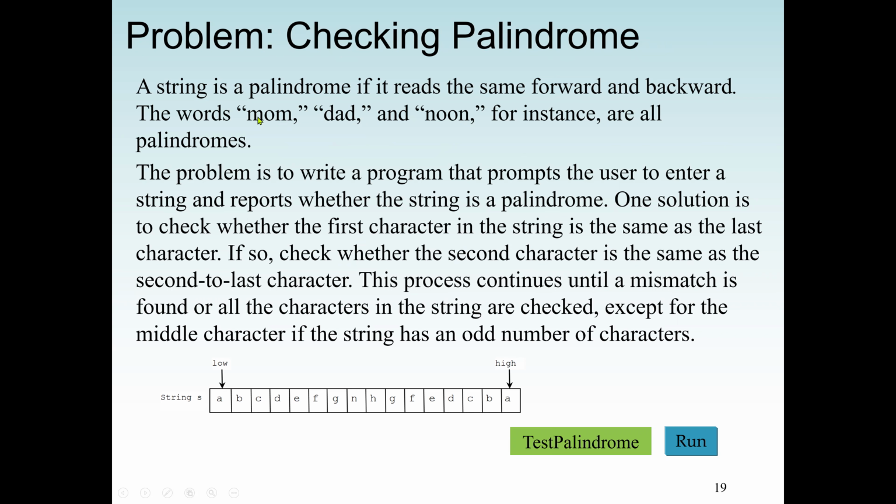For example, with four characters N, O, O, N, the first is the same as the last, and the second is the same as the second to last. If they are all the same up to the end of the characters, then it's a palindrome. As we can see here, first we check A and A, it's okay, then B and B, then C and C. So let's see the code.